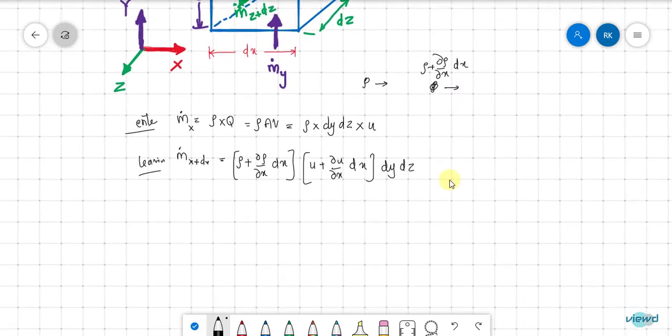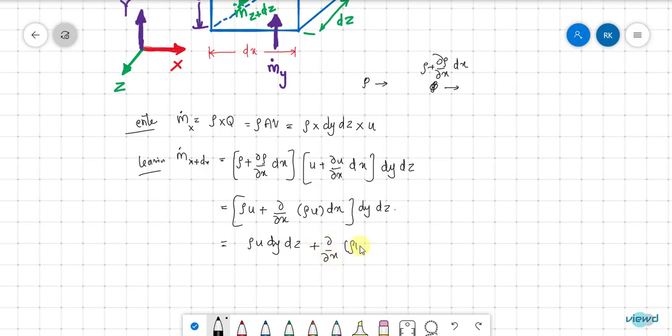So if I simplify this by using Taylor series, since dx is very small, we can neglect the higher order terms, so that the finally remaining term is rho u dy dz plus del by del x of rho u dx dy dz.